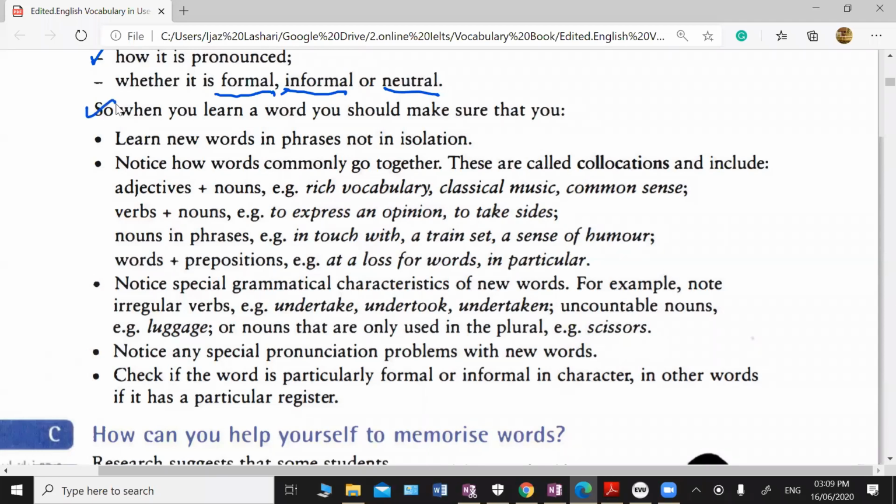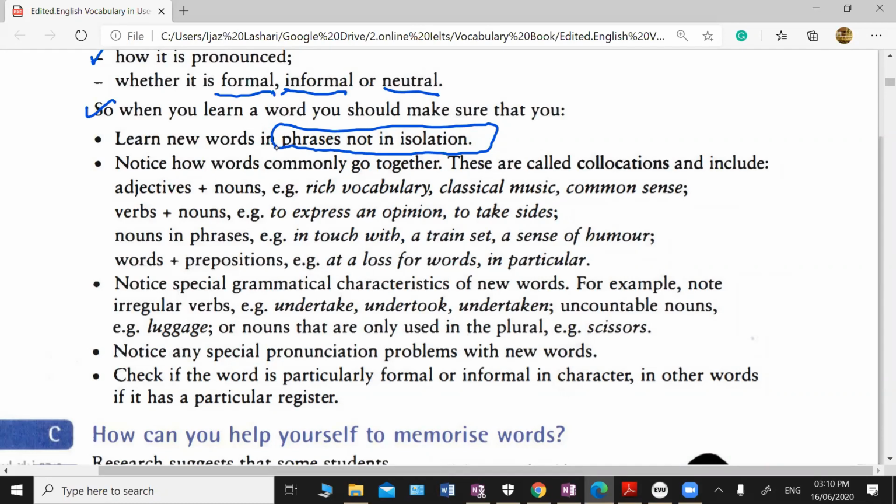When you learn a word, you should make sure that you learn new words in phrases, not in isolation. I mean, not only the word, with the word you have some other kind of phrase. What does it mean? We will discuss it in the coming phrases.